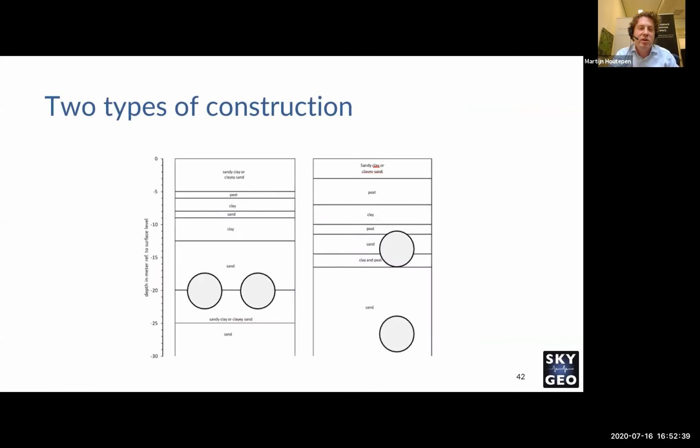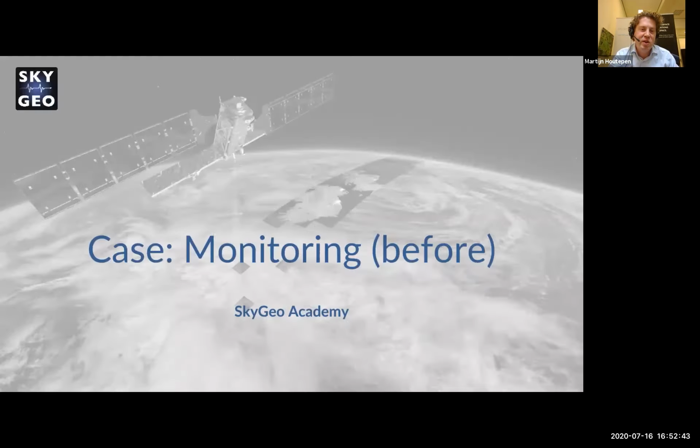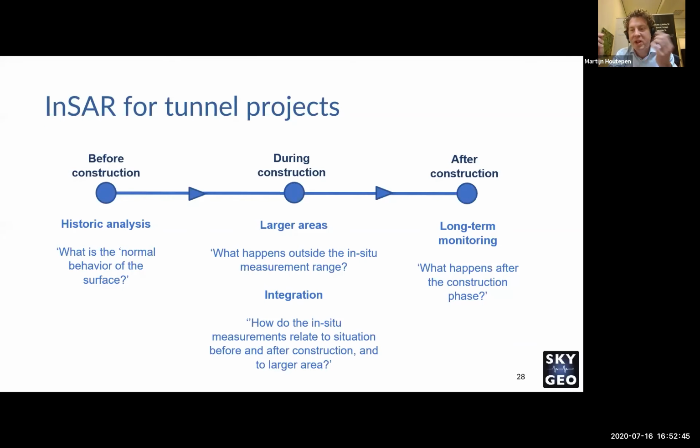With that, I would like to wrap up, and I see that I did not edit this slide, so it still says time series, but it should say tunnels. I think the best slide for today to summarize this is the slide that Freek showed. So what can we do with InSAR for tunnels? Before construction, we can do a historic analysis.